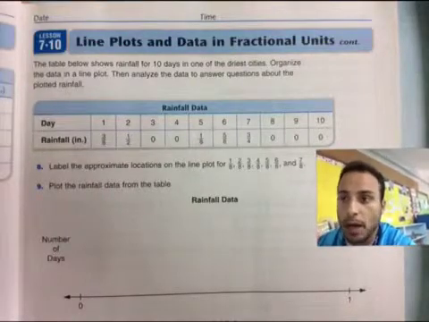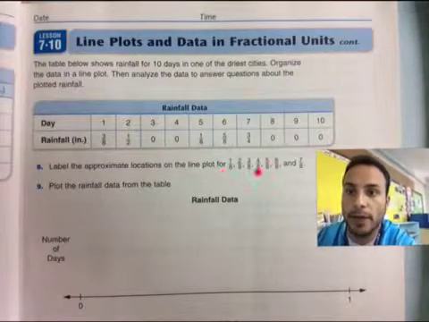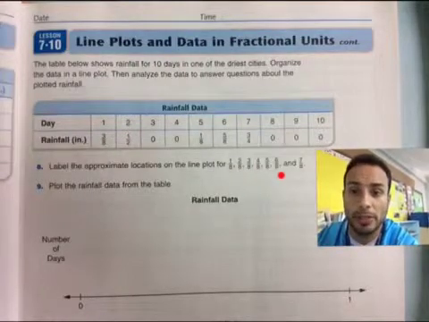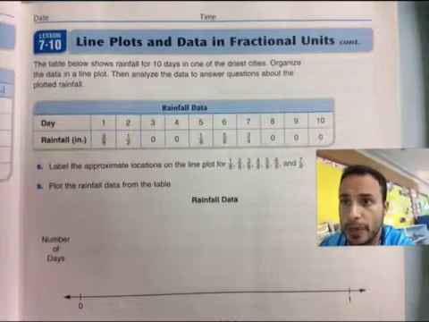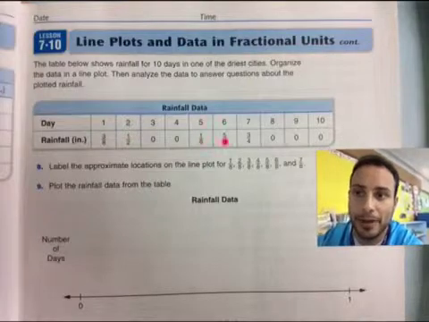Label the approximate locations on the line plot. So we have to find the approximate location for these places. They have told us pretty much how to do it. Now, I was going to suggest this, boys and girls: look at the highest denominator.